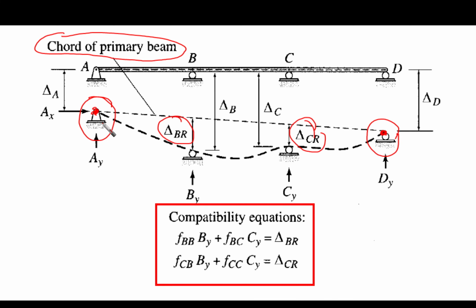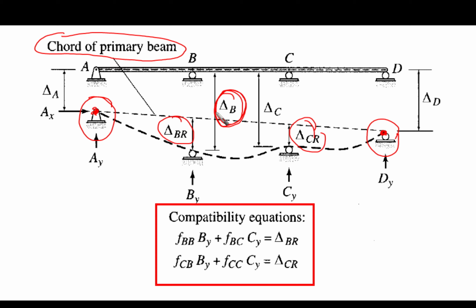So we are going to link between A and D. And this dashed line, we're going to call it the chord of the primary beam. Then for our support settlement at B, there are two different types of settlements. The first one is delta B, which is the absolute settlement.